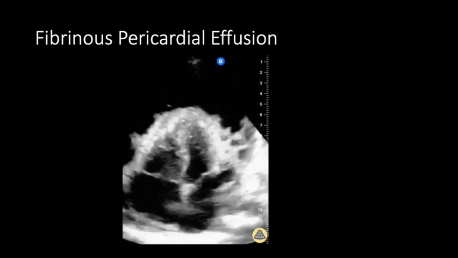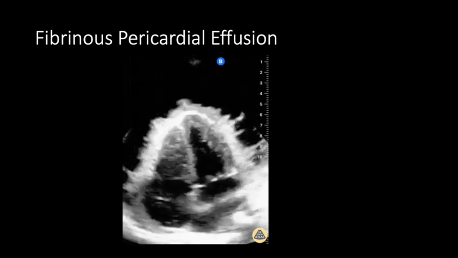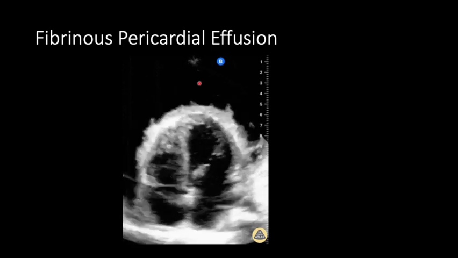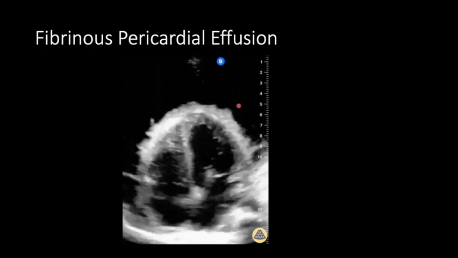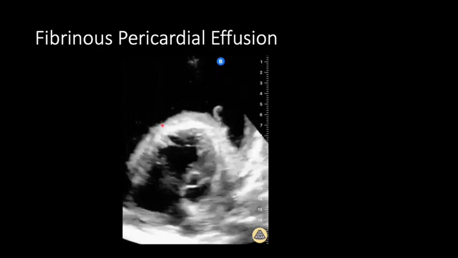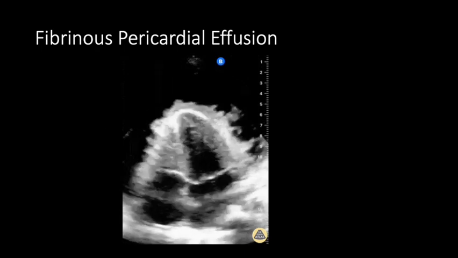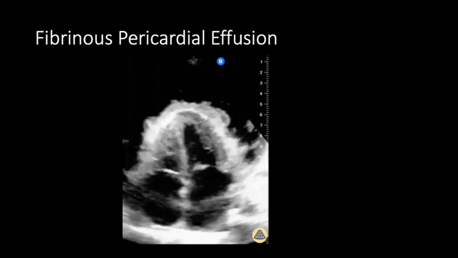This is another special type of pericardial effusion that I want you to be familiar with, which is called a fibrinous pericardial effusion. And it's named so because you can see that this fluid surrounding the heart has these little tendrils up here of fibrinous material. And this is a finding that we see oftentimes in the global health setting in patients that have tuberculosis with a cardiac manifestation.